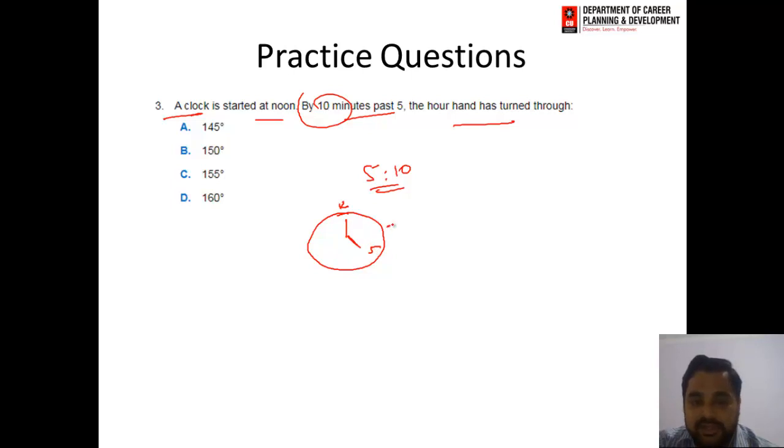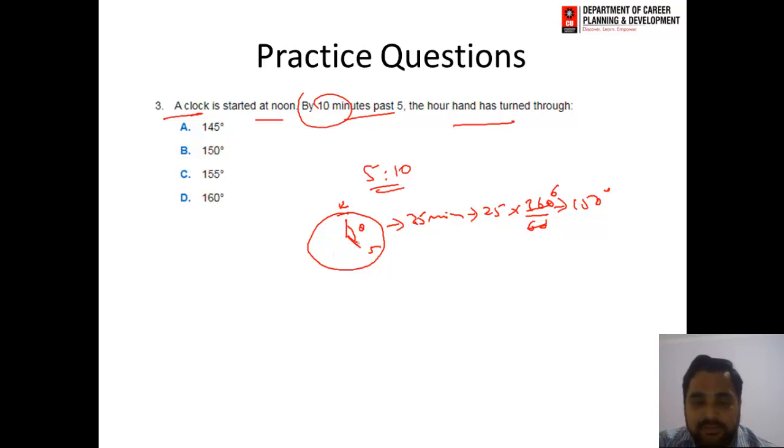So there is a 25 minute space we have between these two times. Hence the angle here is 25 into 360 by 60, which is equal to 150 degrees.